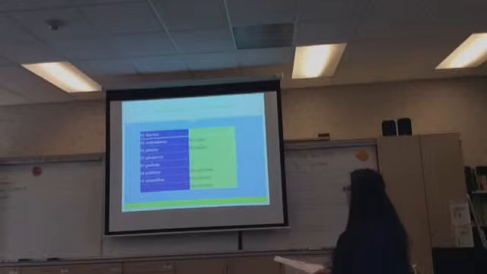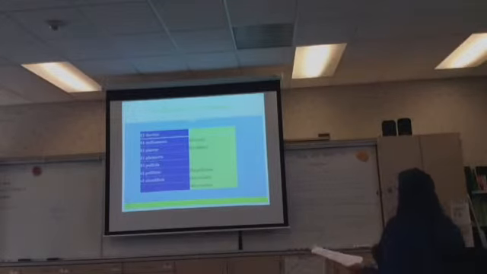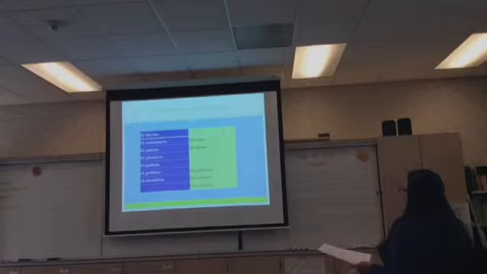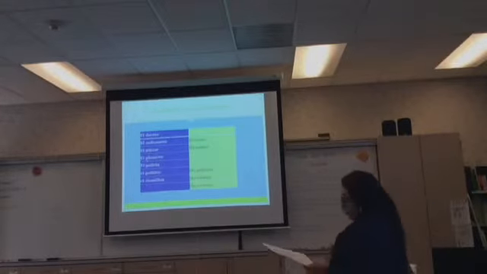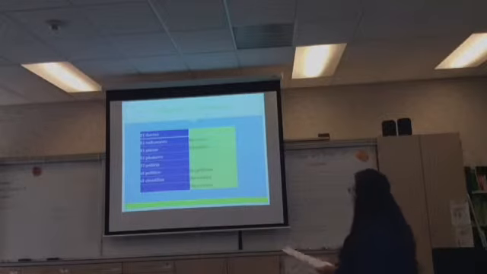El doctor. Some of these are cognates, so they're going to be very easy to remember as you are practicing. El doctor, what would that one be? Doctor. Yeah, the doctor. El enfermero, the nurse. El pintor, the painter. El plomero, the plumber.